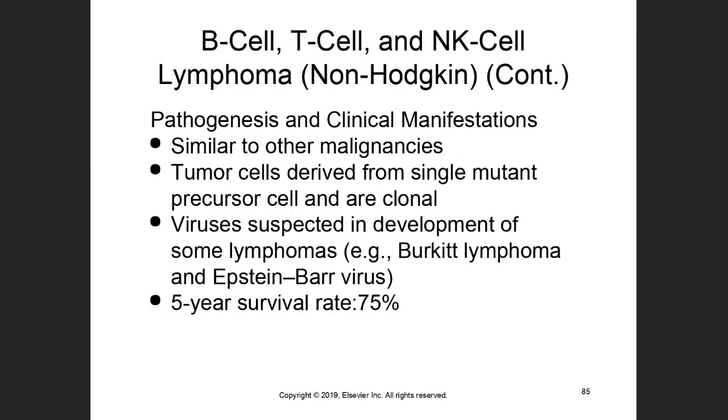Similar to other malignancies, that's the pathogenesis: tumor cells derived from a single mutant precursor cell, of course. Viruses also can be involved, like Epstein-Barr virus with Burkitt lymphoma.